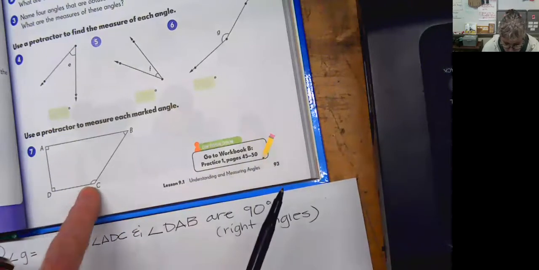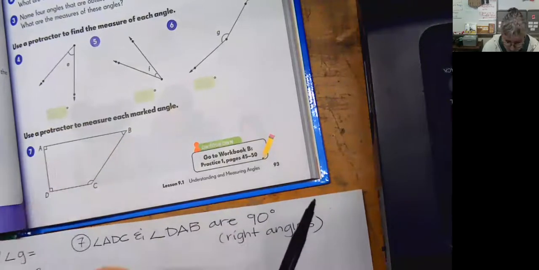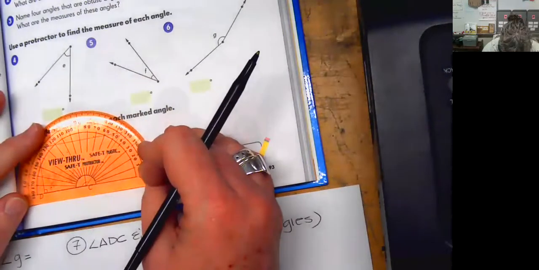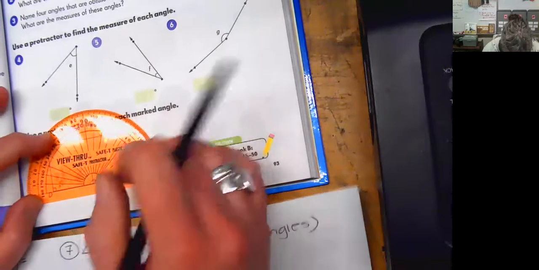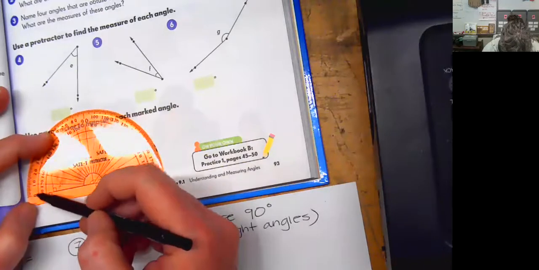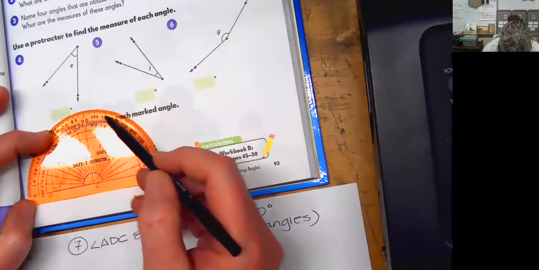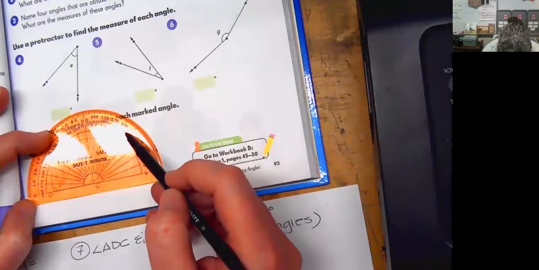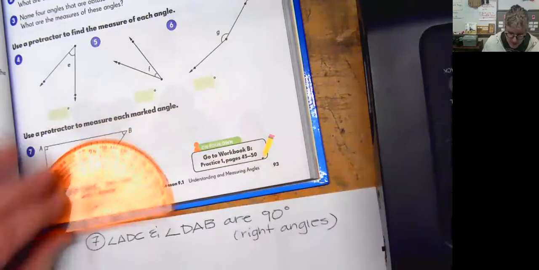Now I'm going to measure angle DCB or BCD. Doesn't matter. So I'm going to put my protractor down here on the bottom line, right where the C is, I line it up. And because I'm starting over here, I'm going to start on the outer scale, 0. And I'm between 130 and 140, which is 135.